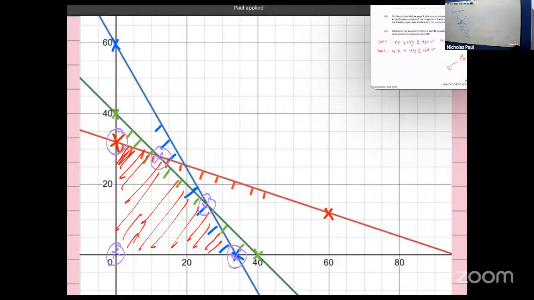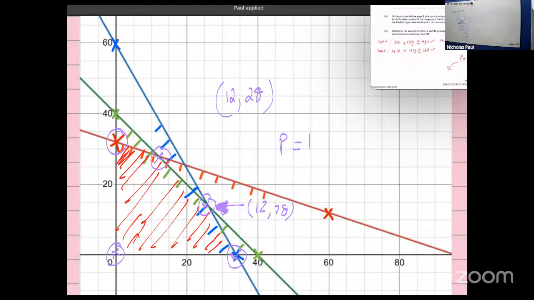Darian said that he got 1228. He got 1228 to be the maximum. That's probably this point here. That point there is probably 1228, after you plug it into the profit equation. Remember what the profit equation was?